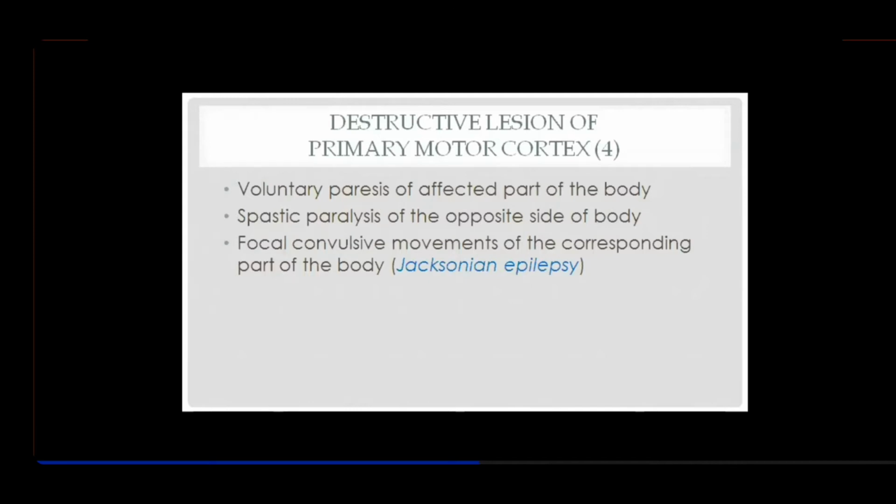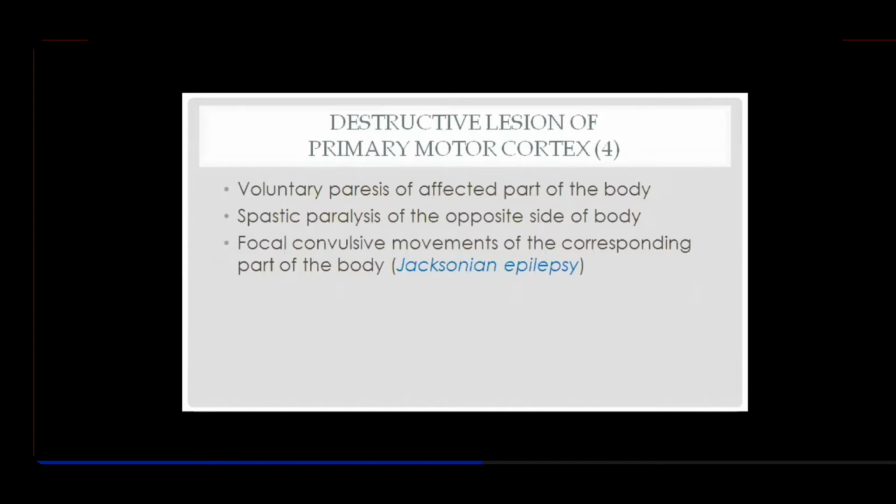But it may extend further, sometimes causing irreversible damage, and that is called paralysis. If it leads to paralysis, then the opposite half of the body is paralyzed, and that is called hemiparalysis. Again, this is an upper motor neuron lesion, so there will be a spastic paralysis.